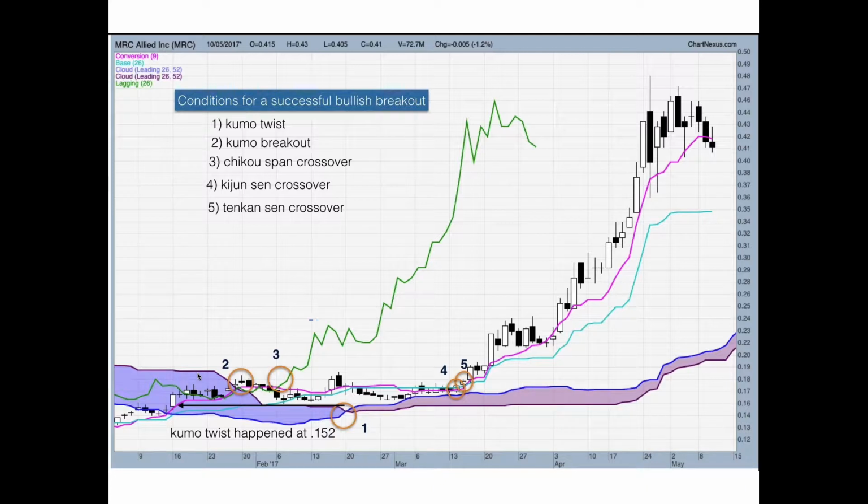Now let's do another. The price is consolidated within this price range, and then Kumo Chikou span breakout happened. And then another breakout.